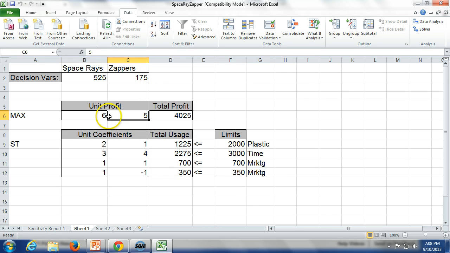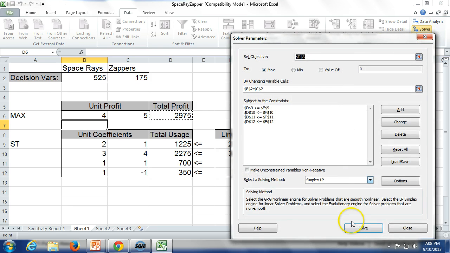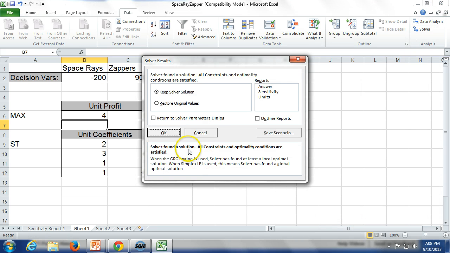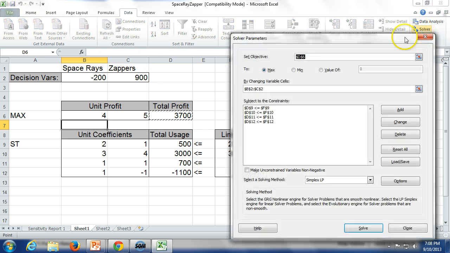Now if I go beyond the range of optimality, let's say I go down to $4 for space rays, outside of that range. Let's go to 4 here and resolve. It's no longer within the range of optimality, so it does change. I know why. I don't have that set.